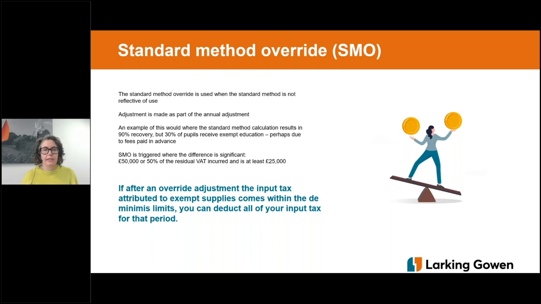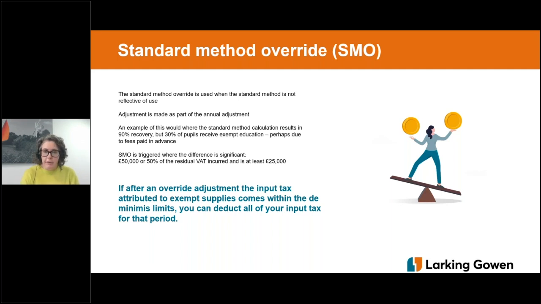If you fall into the standard method override, you do the calculations that we're going to talk through in a moment, you then report that standard method override adjustment along with your annual adjustment. So in the last VAT return of your VAT year, or more likely in the first VAT return of the following year.